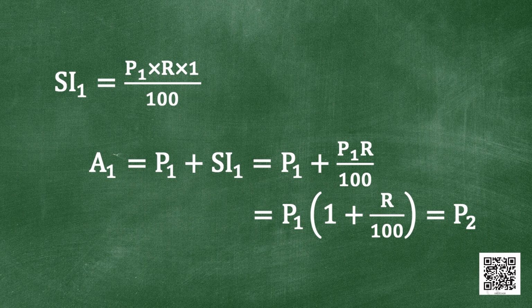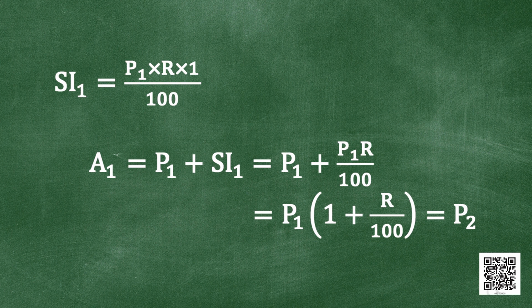So the amount at the end of the first year, A1, is equal to the principal amount P1 plus the simple interest for the first year, SI1. That is equal to P1 plus P1R divided by 100. By taking P1 common from these two terms, we get P1 times 1 plus R by 100. So this will be our principal for the second year. Let us denote it as P2.